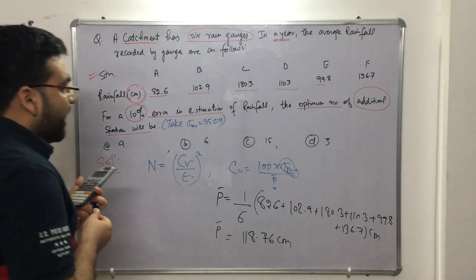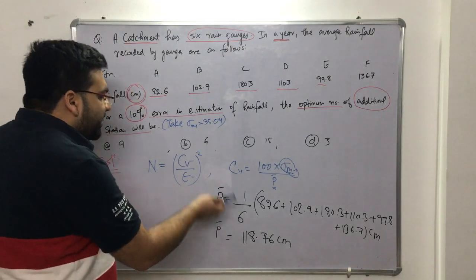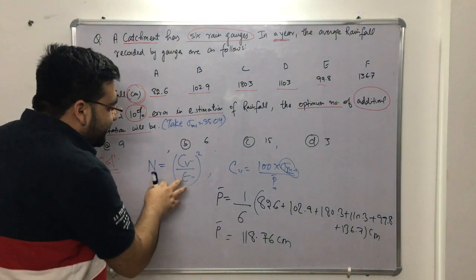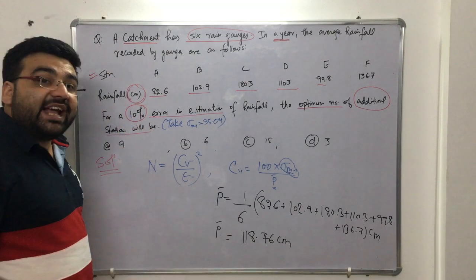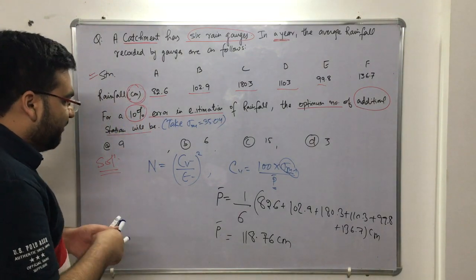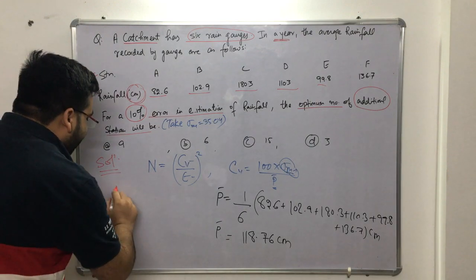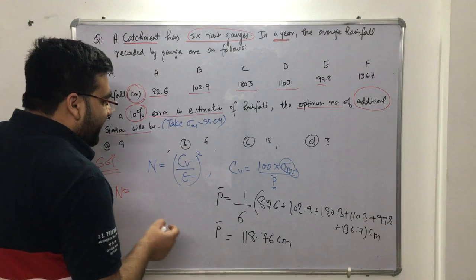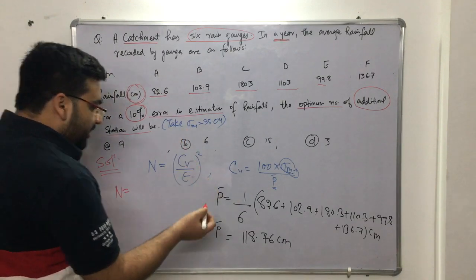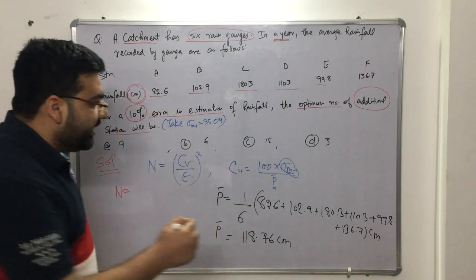Now what would be the next step? The next step is just to apply the formula and get the answer. Is the value of epsilon given to me? Yes, it is 10%. So let us put it in the formula and see what we are getting. N will be equal to (CV/epsilon) squared. First we have to determine the coefficient of variation.